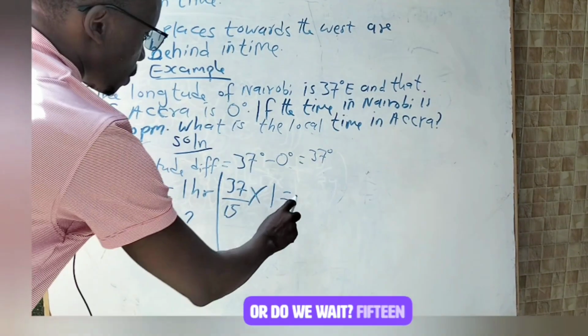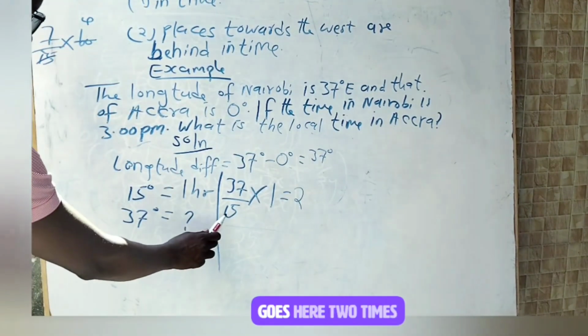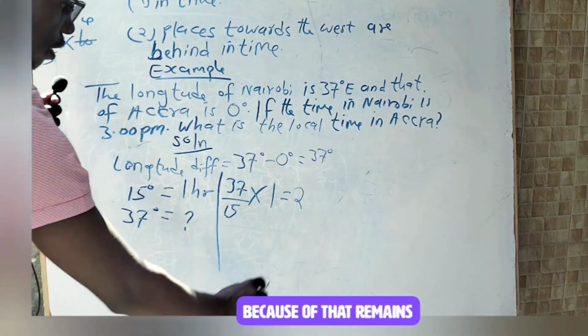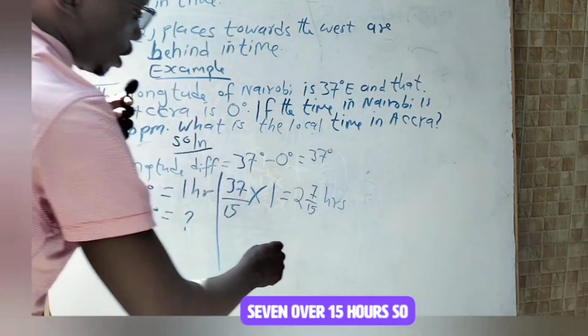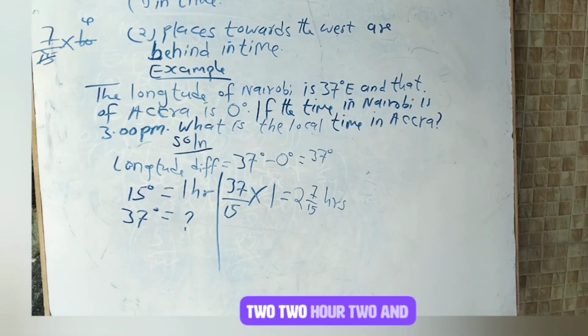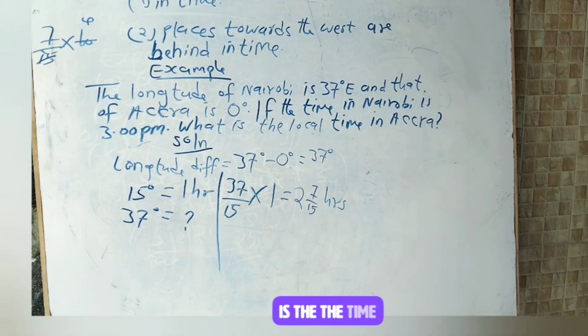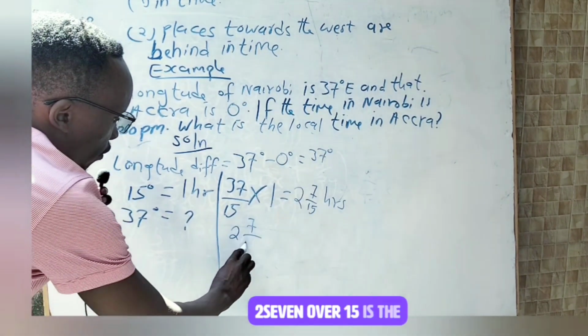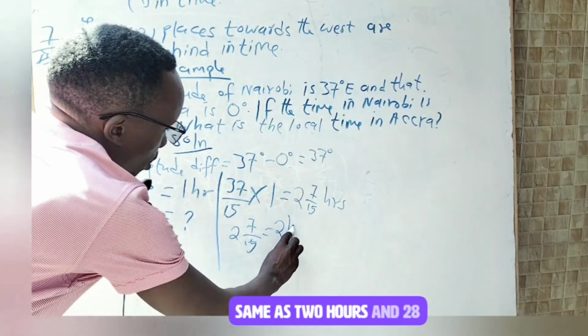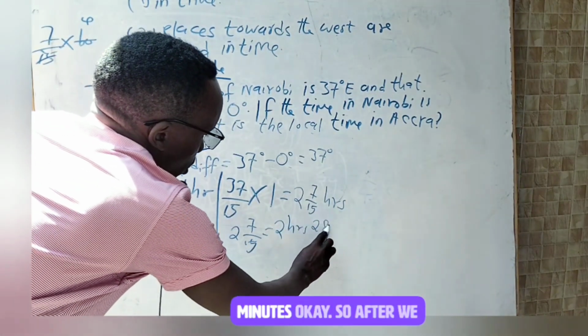What do we get? 15 goes here 2 times and remains 7 over 15 hours. So 2 and 7 over 15 hours. That is the time difference. This 7 over 15 is the same as 28 minutes, so 2 hours and 28 minutes.